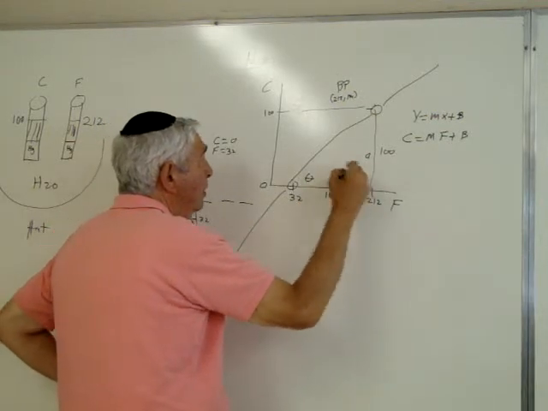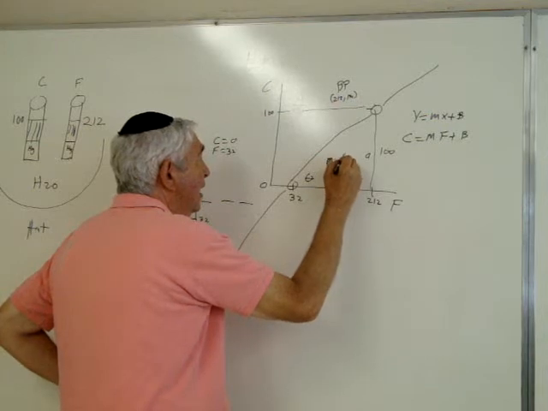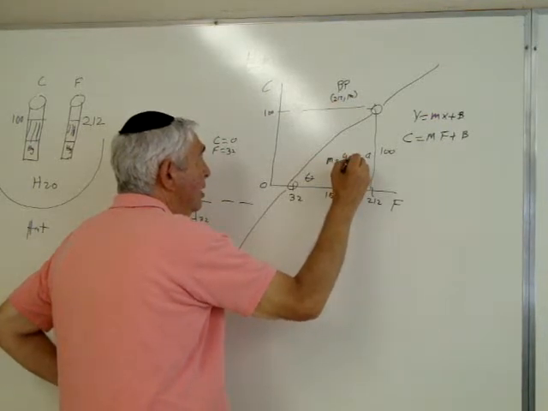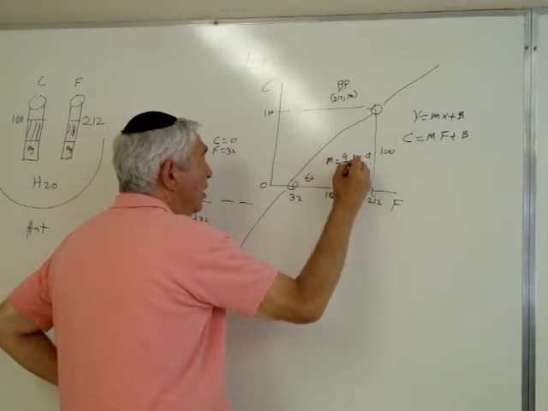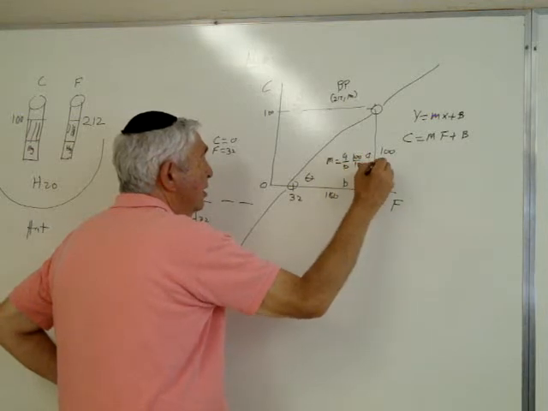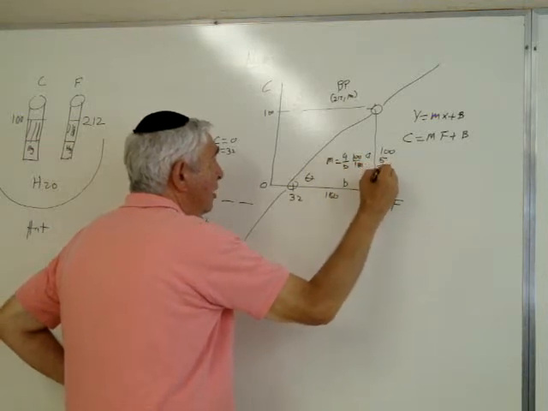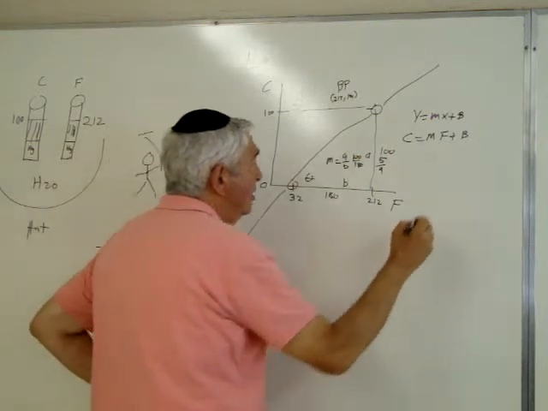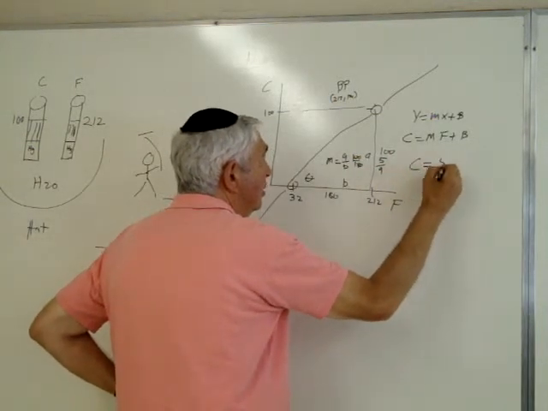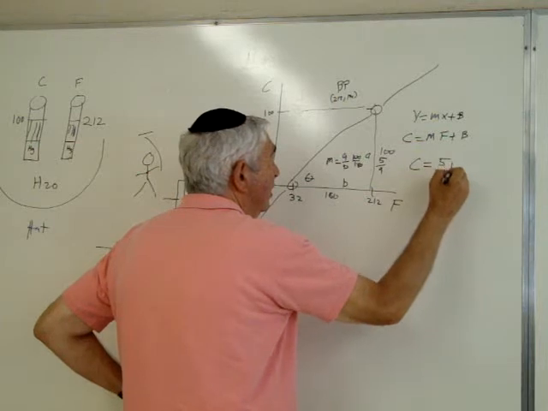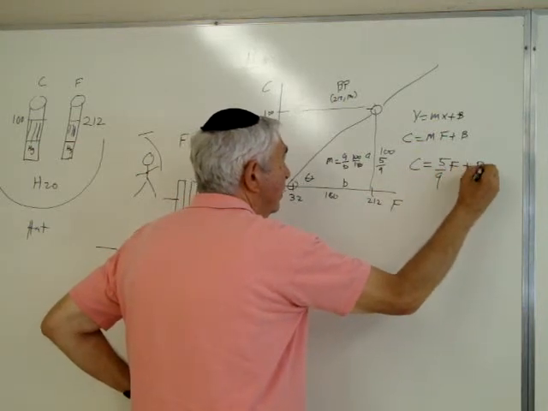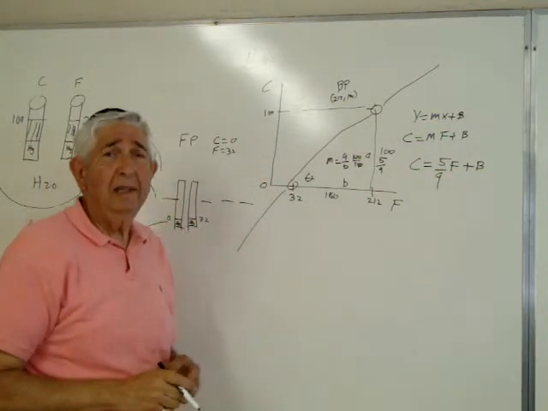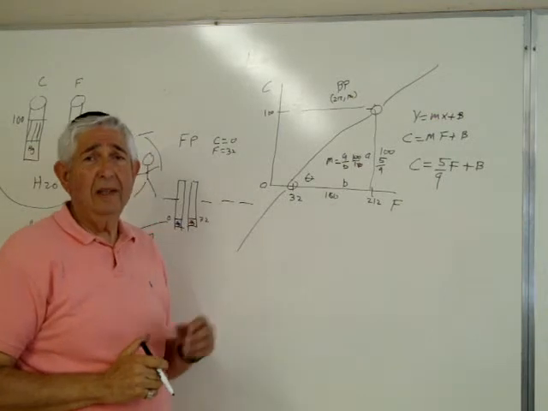So the slope is a over b. So the slope is 100 over 180. So the slope is 5 over 9. All right, so the Celsius temperature is equal to 5 over 9 Fahrenheit plus b. Now what is b? b is the y-intercept.